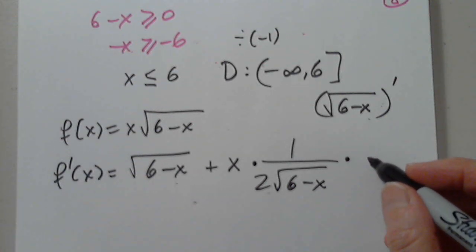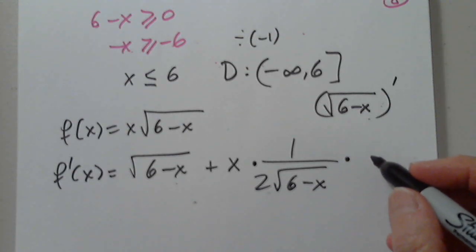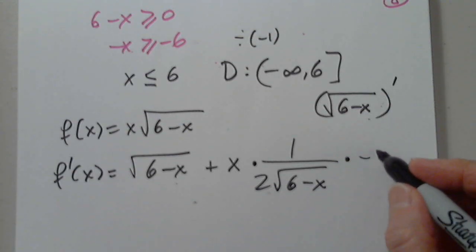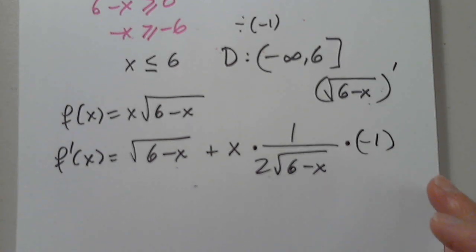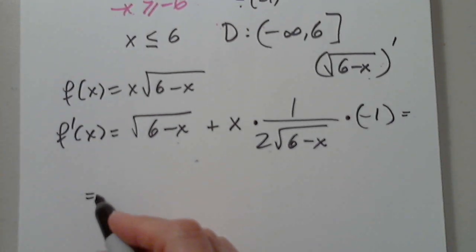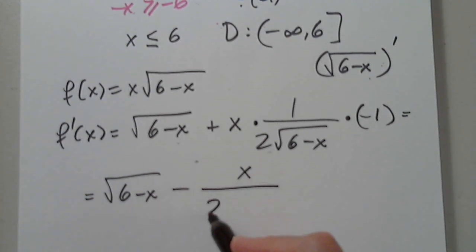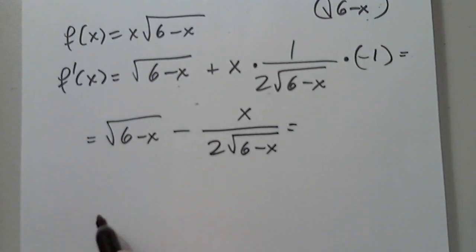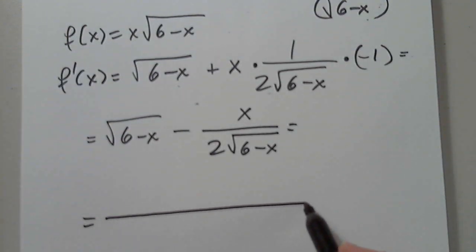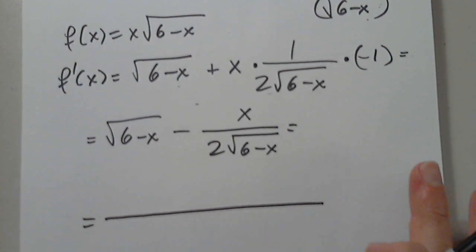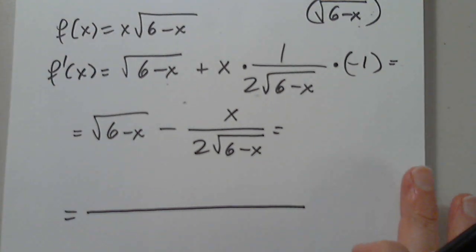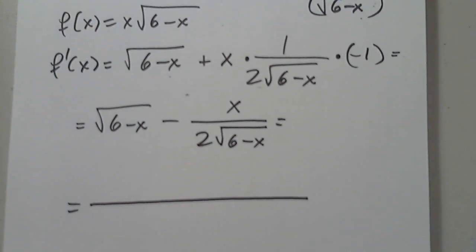Perfect so far? Times the inner function prime, which would be -1. Excellent. So then I have the square root of 6 minus x over 2 the square root of 6 minus x. What is the least common denominator? Oh, there is only one.